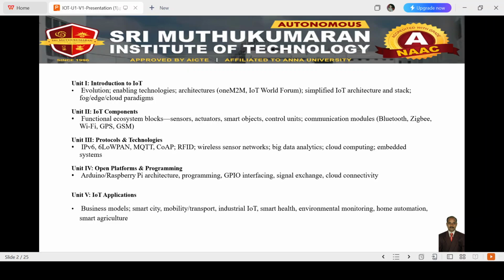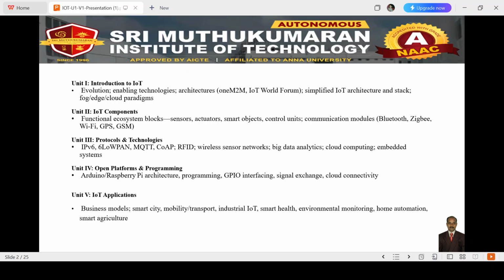Next, we move on to Unit 3, protocols and technologies. Basically, we need to have IEEE standard protocols for this IoT structure.